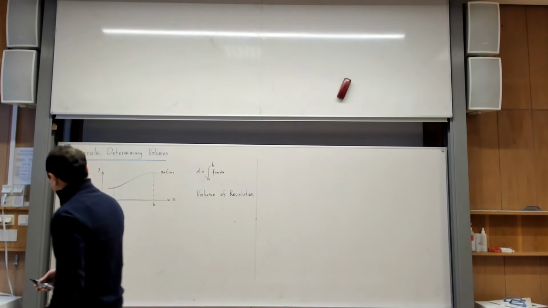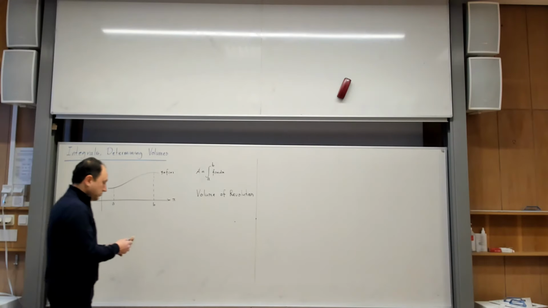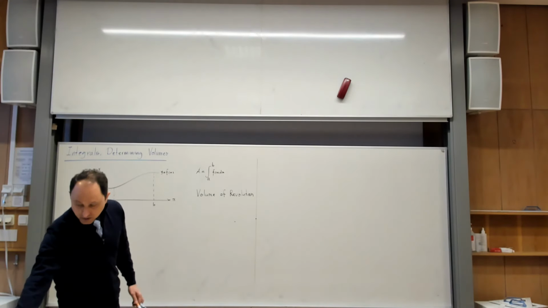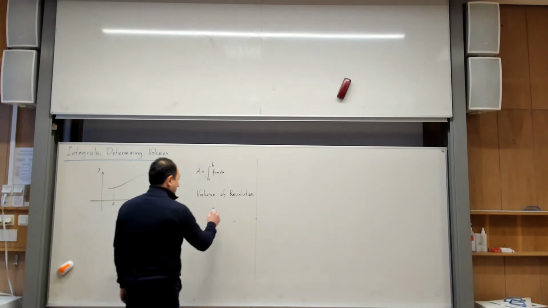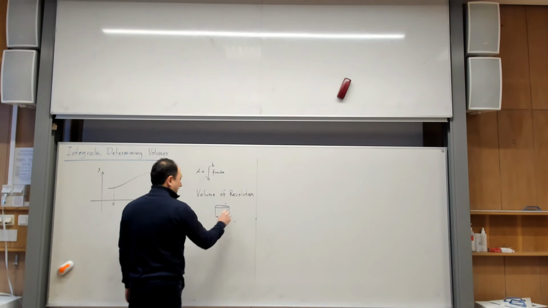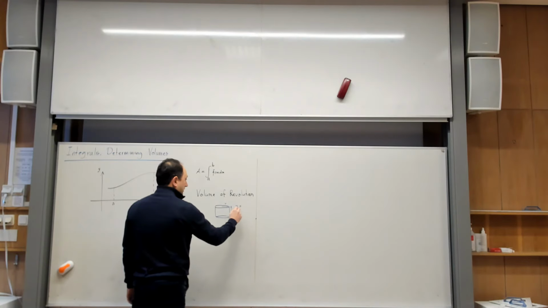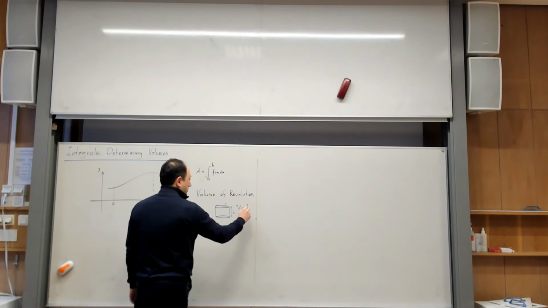Okay, so let us concentrate here. Before doing that, I want to make sure that you remember the formula for the volume of a cylinder, yes? If you have a cylinder whose radius is r and whose height is, say, h, the volume of this cylinder is pi r squared h.